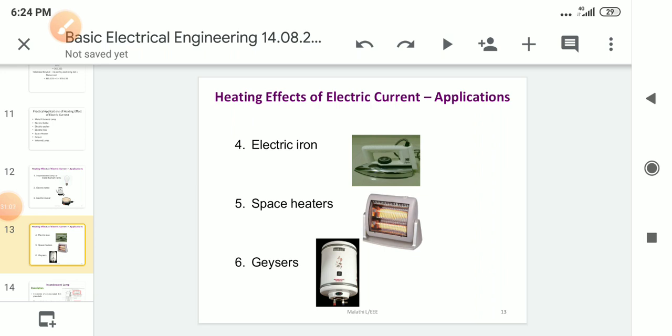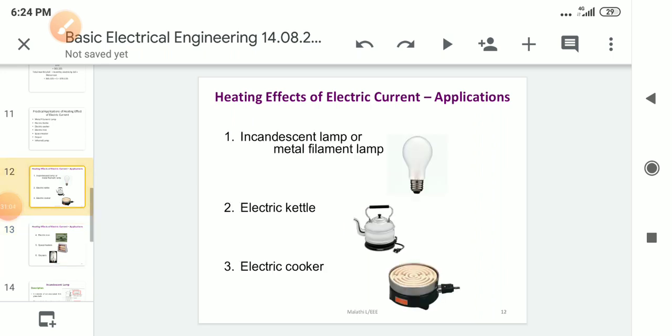So these are the different types of appliances. Like that, so many appliances are there. In that, we will see infrared lamps or metal filament lamps, geysers, space heaters, iron, kettle, cooker.